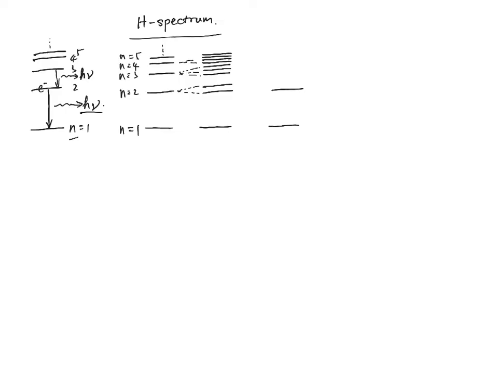The bottom level of each n level remains the same. The next level actually has some split. And of course, you're wondering, well, you're talking about energy levels, such an abstract thing. What do you mean?